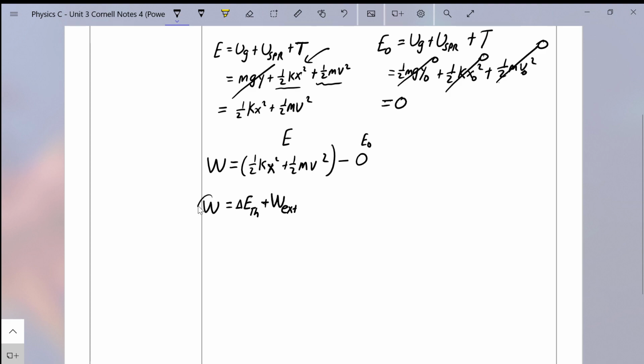Now, this is the same W as the W in our change in energy equation. And so delta E sub thermal plus work from the external force is equal to 1/2 kx squared plus 1/2 mv squared.